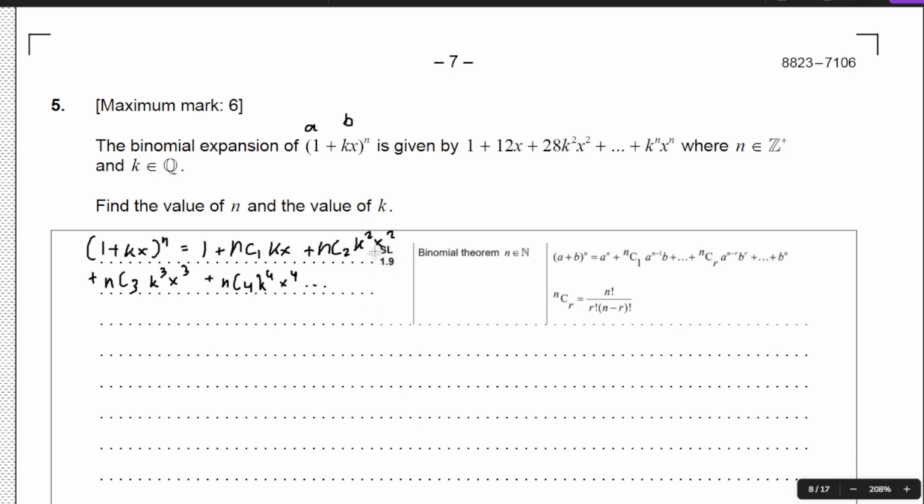If you're wondering how I got k²x², it's just another way to rewrite (kx) squared. So it would become k²x².